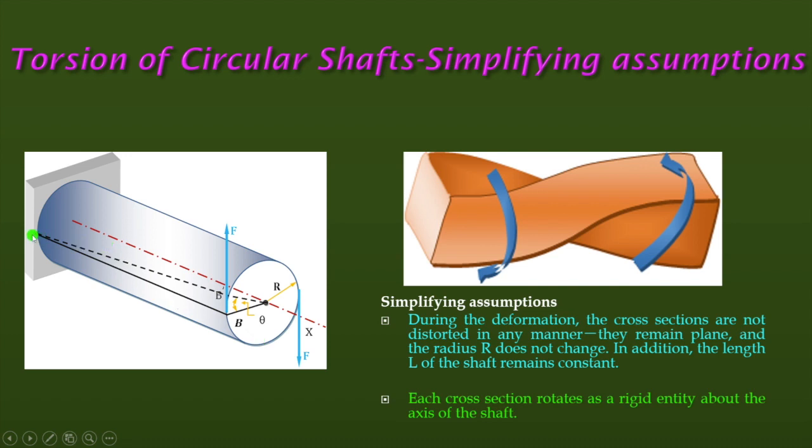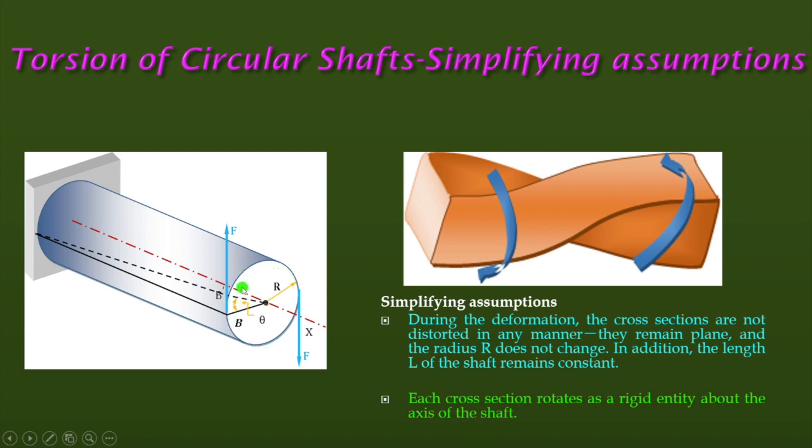And there will be no change of this length either. Before and after, the length will also remain constant. This means this cross section will act like a rigid body, a rigid entity. There is no deformation. The only thing is that it will rotate. The cross section is rotating, but not deforming.